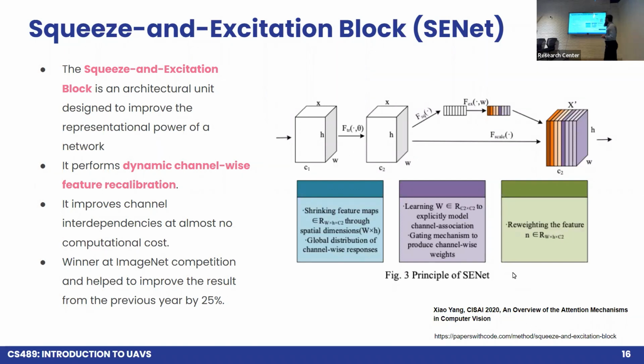So the Squeeze and Excitation block, as you can see, is designed to improve the representational power of a network, and it uses dynamic channel-wise feature recalibration. So the idea here, basically, you have a feature map like this. You are going to squeeze or compress the information over channels or over space to generate some kind of extra weights, or we can call them masks, and you will multiply these masks by the original feature map in order to emphasize some particular information that you want to focus on.